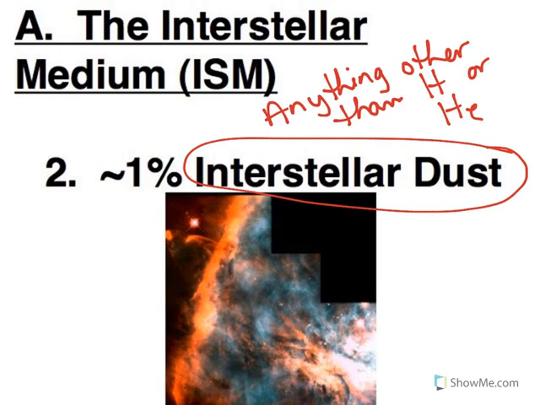Now that's what's found between the stars, fairly evenly distributed. But there's also gas and dust that is more concentrated into different types of clouds.